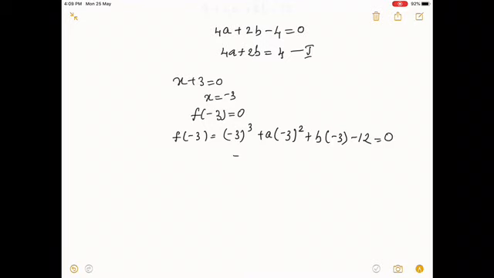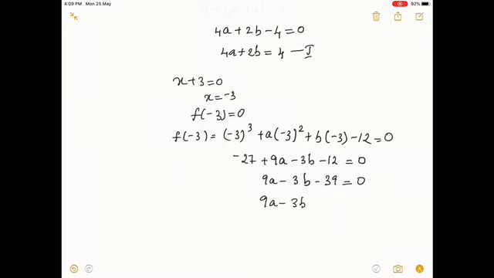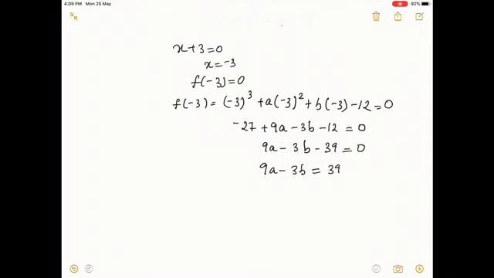So what do you get here? Minus 27 plus 9a minus 3b minus 12 equals 0. 9a minus 3b, minus 27 minus 12 gives you minus 39, equals 0. 9a minus 3b equals 39. So divide the equation by 3, you get 3a minus b equals 13. That's your equation number 2.